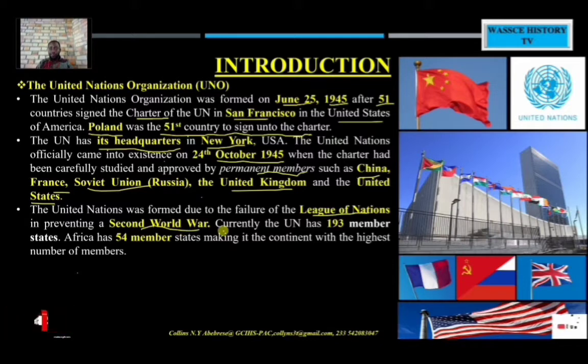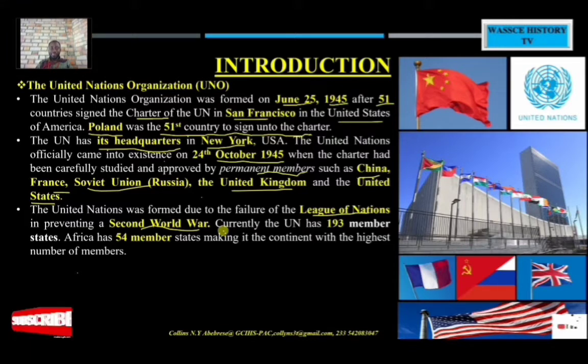After the First World War had occurred, various European powers decided to stop or prevent the outbreak of another war, which would be known as the Second World War. And so the League of Nations was formed to prevent the outbreak of a Second World War.